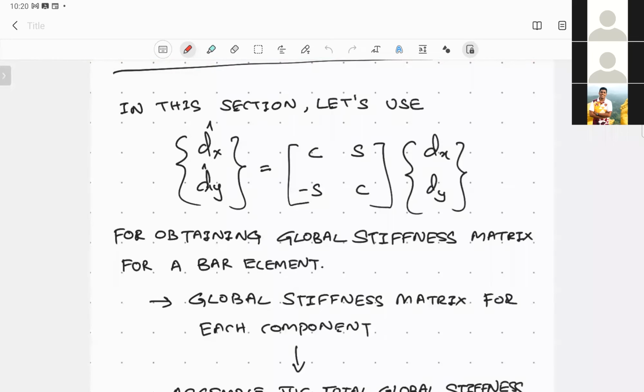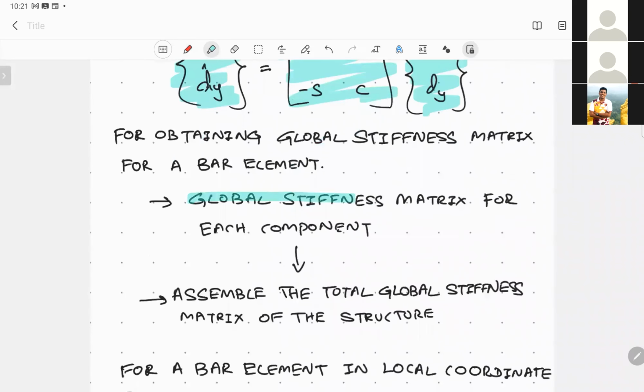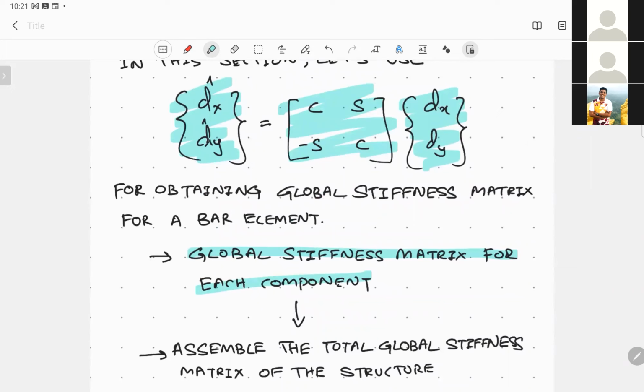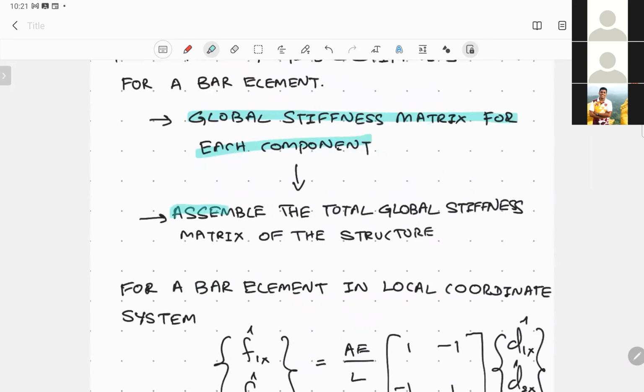Recall, we just derived the relationship between the local displacements as well as global displacements in two-dimensional space using the rotation matrix. Now, for obtaining the global stiffness matrix for each component, we can use this equation which we derived, and in the next step we will assemble the global stiffness matrices for each component to obtain the total global stiffness matrix for the total structure. That is the aim.